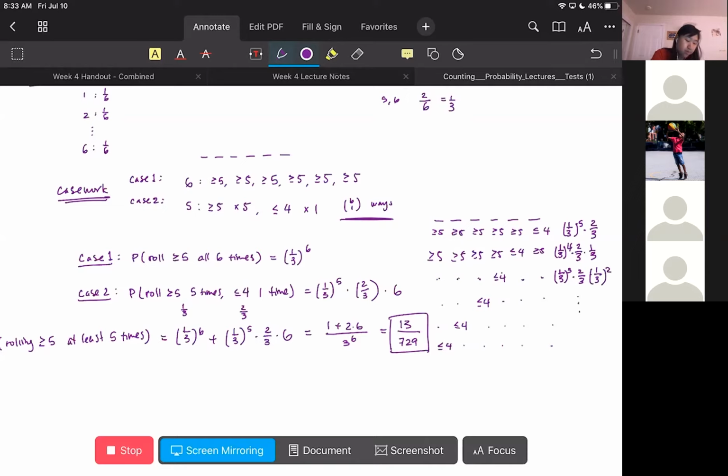And so on. We just took a shortcut here by using combinatorics to say there are actually 6 ways that we could do this. To calculate the probability of all these cases together, we take the probability that we get 5 rolls of greater than or equal to 5, the probability that we get 1 roll of less than or equal to 4, and then multiply that by the total number of ways this could happen.